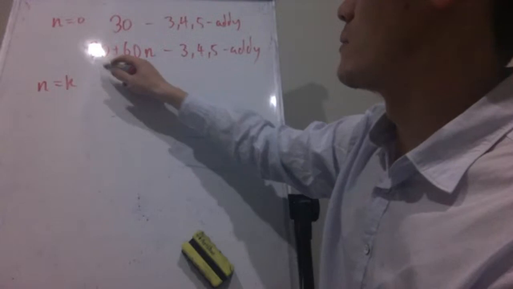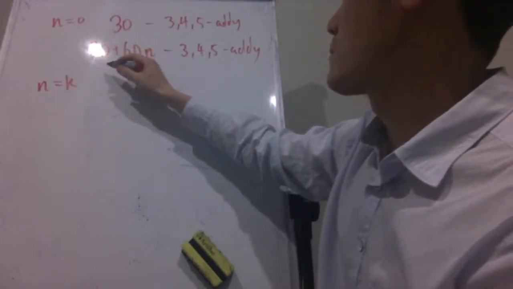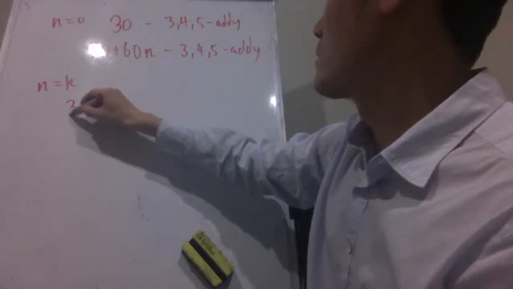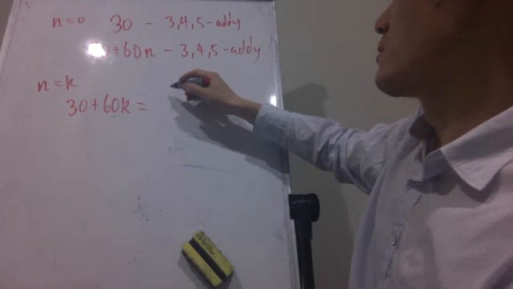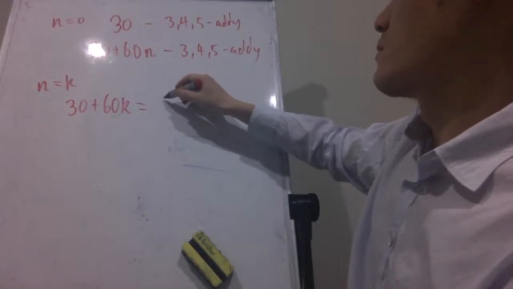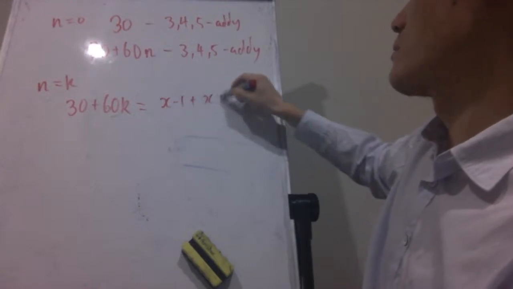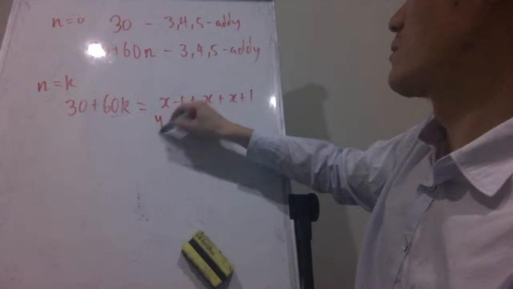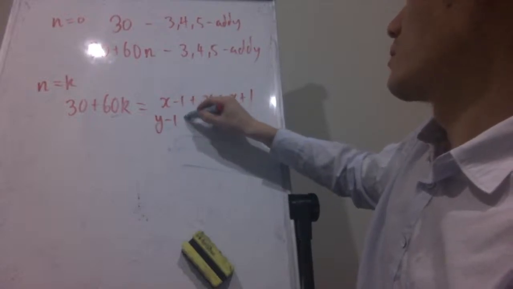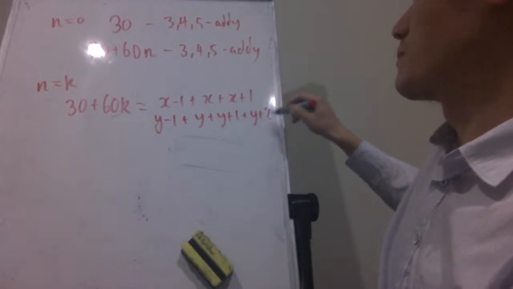We're saying that this number here, this 30 plus 60k, is equal to x minus 1 plus x plus 1, right? It's also equal to y minus 1 plus y plus 1 plus y plus 2, right?